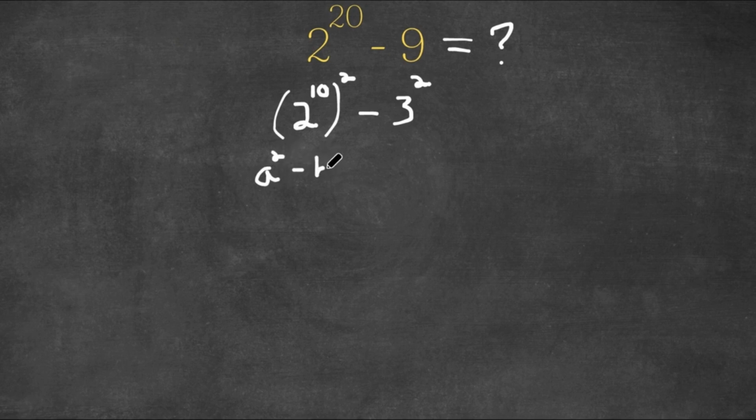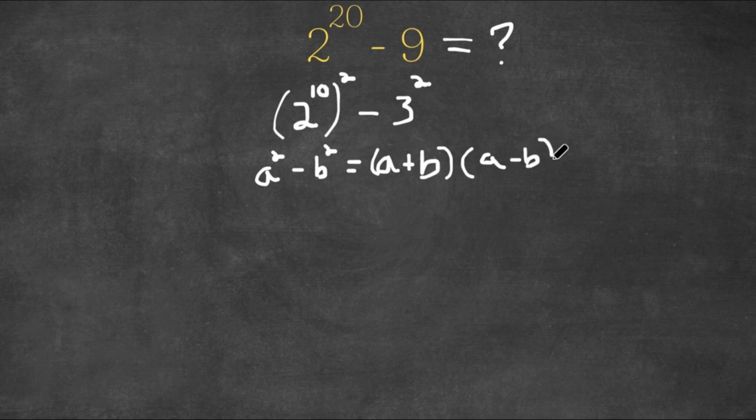minus b squared, right? If we have this, this is actually equal to a plus b in parentheses times a minus b. So a in this case would be 2 to the power of 10 and b would be 3.